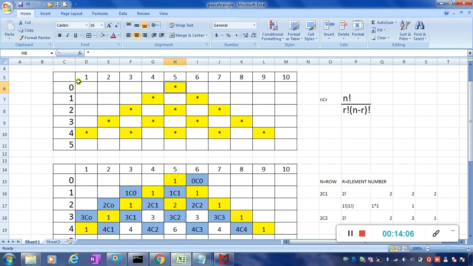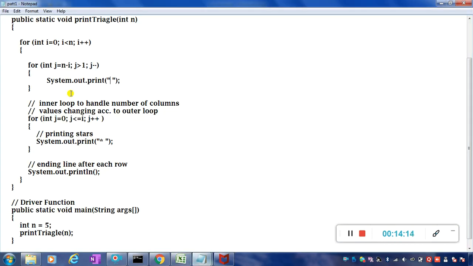So it was printing the first space, then the second, third, fourth, till all the spaces are printed. This particular loop was going. And then in the inner loop we had applied the logic of printing the star.